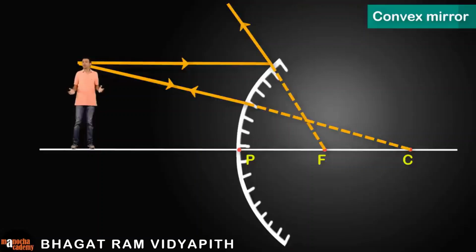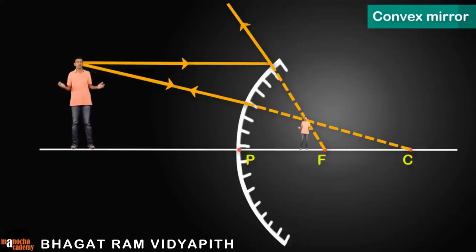Now where do these 2 reflected rays meet? The reflected rays are divergent here, so we need to produce them backwards. And the point where they meet is the position of the image of my head, since we considered the rays from the top of the object.